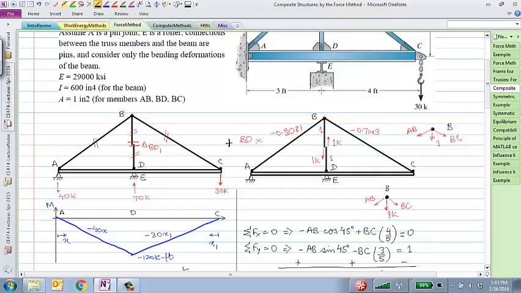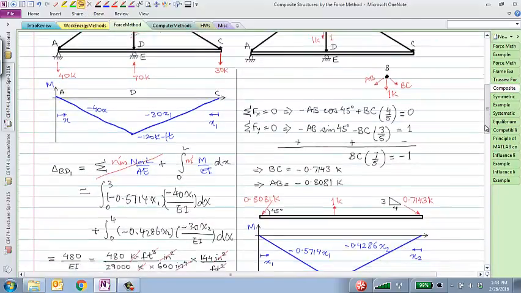actual load. Make sense? So if I were to apply a load here, those two members, what do you think? Would they overlap or would they separate? Overlap, or how many say overlap? Okay, and how many say separate? We calculated delta BD1. What did it come out to be? Was it positive or negative? It was positive.